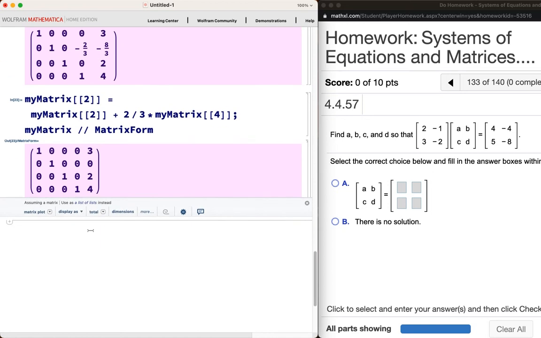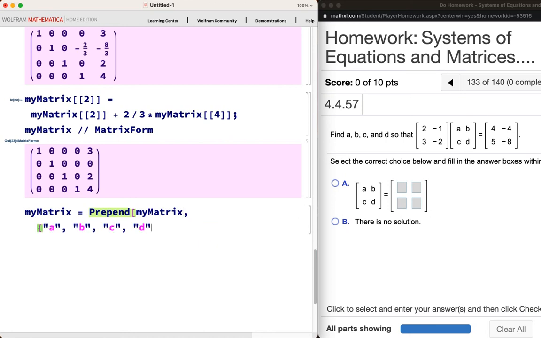There you have it. So let's see if we can make sense of what we're looking at here. So my matrix, let's see, prepend my matrix A, B, C, D answers.